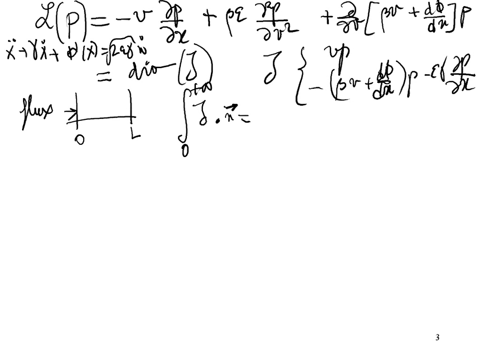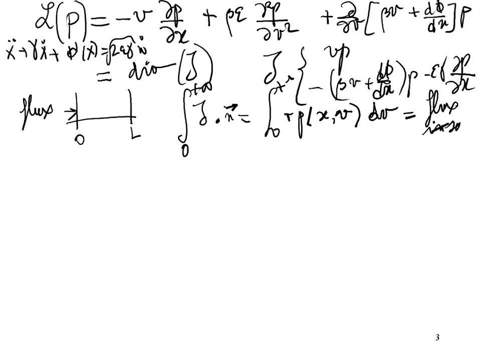So now this is simply V multiplied by P(x, V). If we look at the steady state solution, this is dV, and we have to integrate from 0 to infinity. So this is by definition the flux inside from the left.